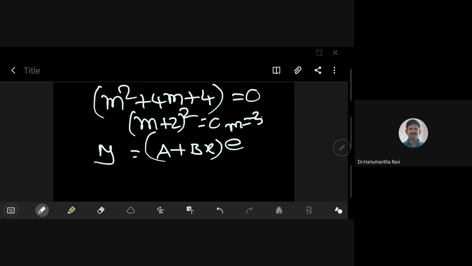So you can rewrite this as a e power minus 2x plus bx e power minus 2x.